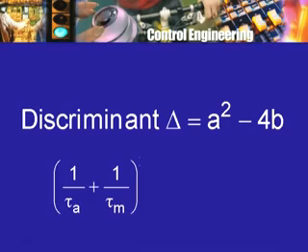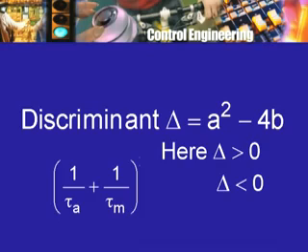So instead of writing a squared minus 4b, what I am really interested in is finding out whether delta is greater than 0, in that case the roots are purely real, or delta is less than 0, in that case the roots are complex. So I have to look at the third possibility, delta equal to 0. Then I have the three conditions.